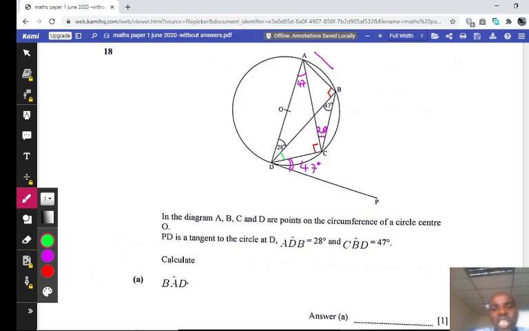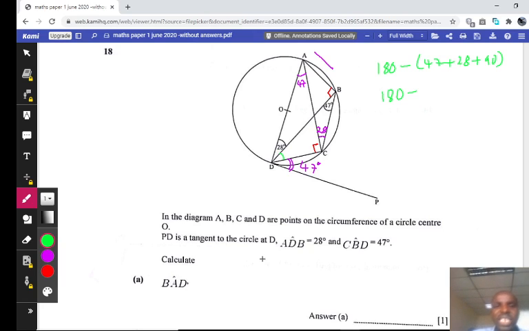So this one, we can use triangle DCA to find this one. How? Angles in a triangle add up to 180 degrees. So we can say 180 minus 47 plus, we get this one 28 and 90, plus 28 plus 90. What do you get? So it will be 180 minus.